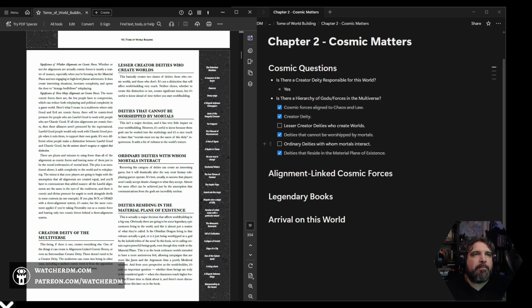We're keeping it. Ordinary deities with whom the mortals interact. So removing this category of deities can create an interesting game, but it will drastically alter the way most fantasy role-playing games operate. It's best usually to assume that players won't easily accept drastic changes to what they accept. Almost the same effect can be achieved by the assumption that the communication from the gods are incredibly unclear.